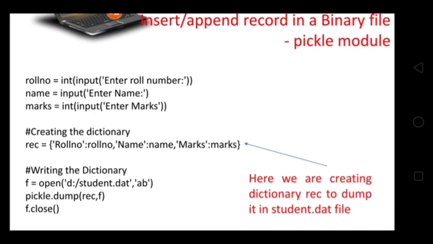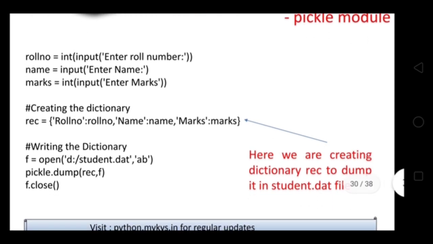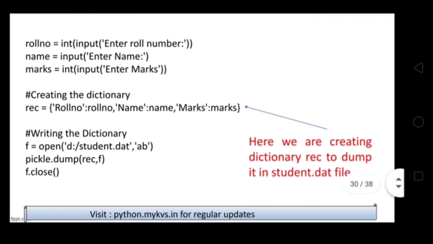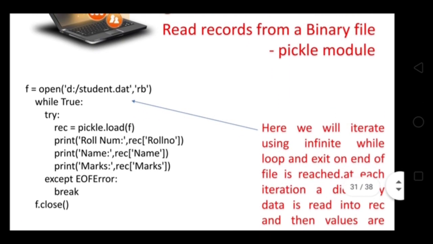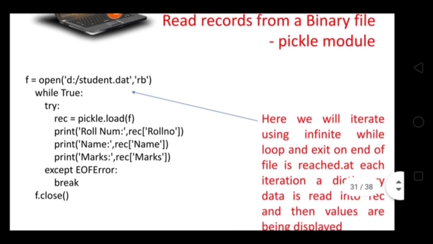So here I am writing it. A simple function is there, the dump function. With the help of the dump function, I can write the dictionary values. Now reading the records is the same. If we want to count how many records are there, we can use this function.